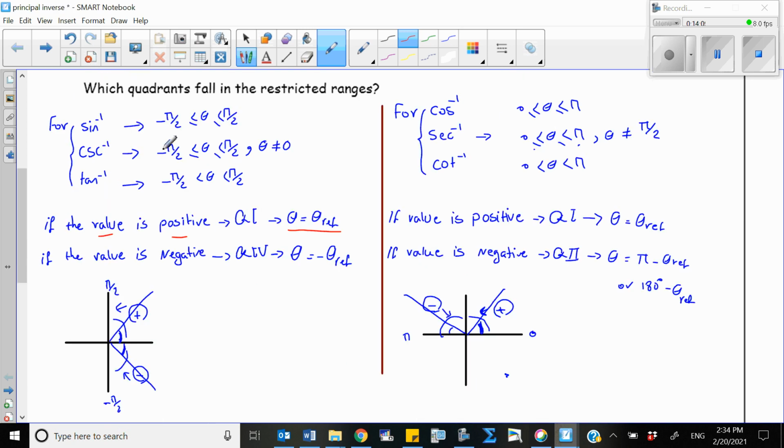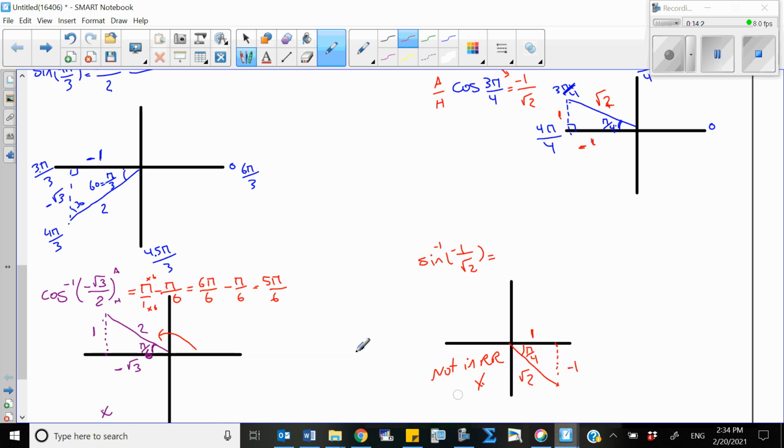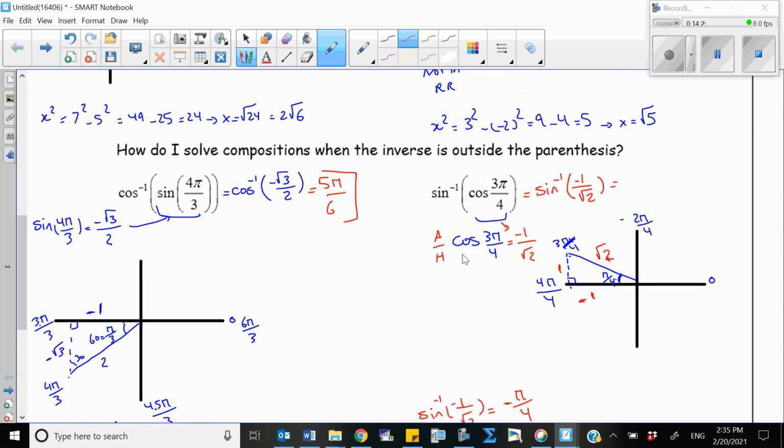We already learned that if the value is negative, the angle is in the fourth quadrant, and theta will be negative of theta reference. So the answer is negative of theta reference, which is negative pi over 4.